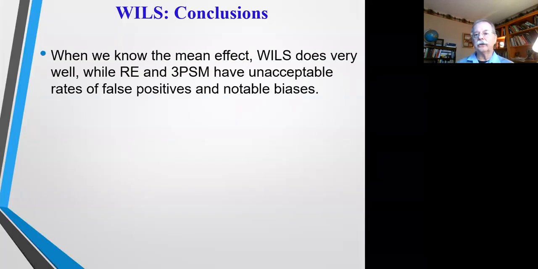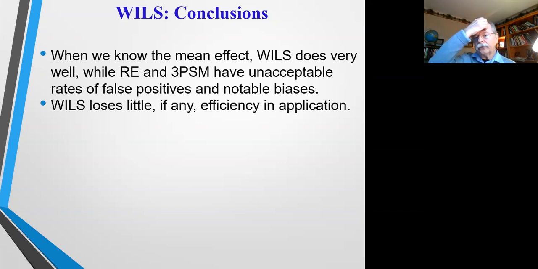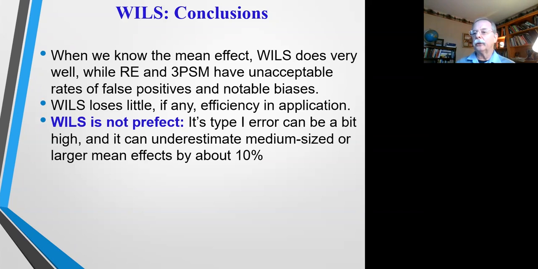Not really surprising. So to summarize WILS then, it does a really good job when compared to random effects and 3PSM. They both have unacceptable rates of false positives and notable biases. WILS loses little, if any, efficiency in actual applications. Often WILS has a smaller standard error than random effects.